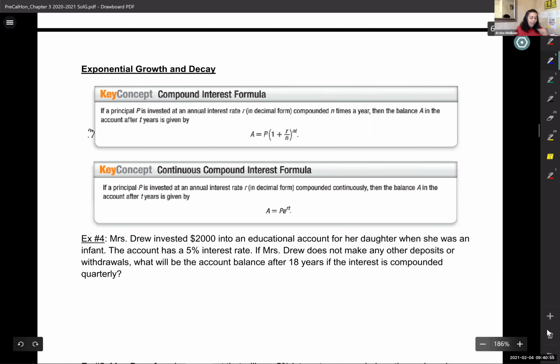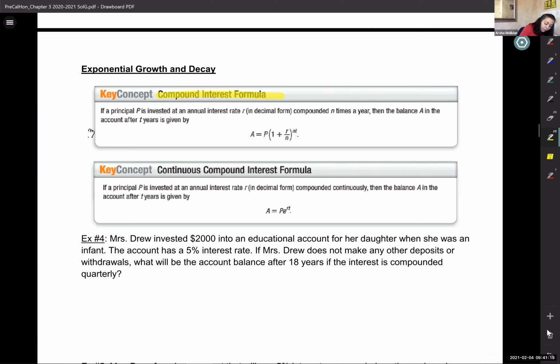So exponential functions have many applications, right? A myriad, a plethora of applications. One of the most common that everybody comes into contact with is compound interest.